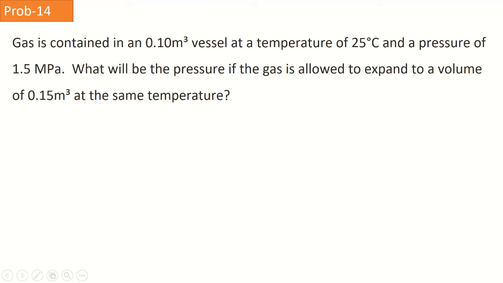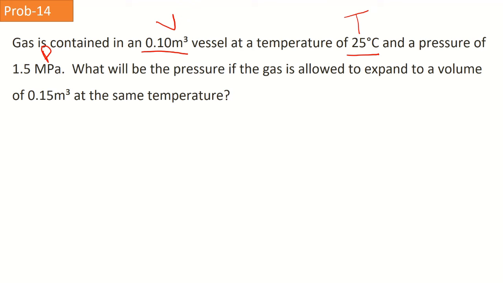So the question is saying a gas is contained in this vessel. It means this is the volume of the vessel, or we say the gas is filled in this vessel, so the volume of the vessel is the volume of the gas at the temperature of 25 degrees centigrade, and the pressure is 1.5 megapascal.